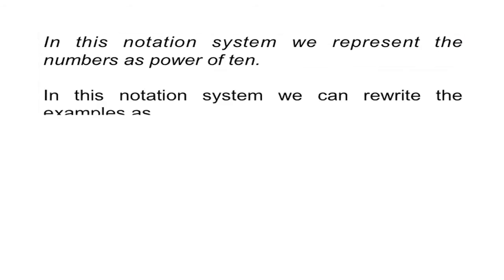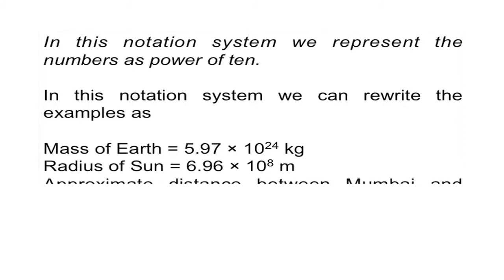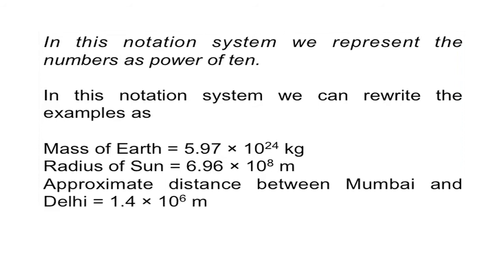In this notation system, we can rewrite those examples. Mass of the Earth can now be written as 5.97 into 10 to the power 24 kilogram. Radius of Sun can now be written as 6.96 into 10 to the power 8 meters. The approximate distance between Bombay and Delhi is given as 1.4 into 10 to the power 6 meters.